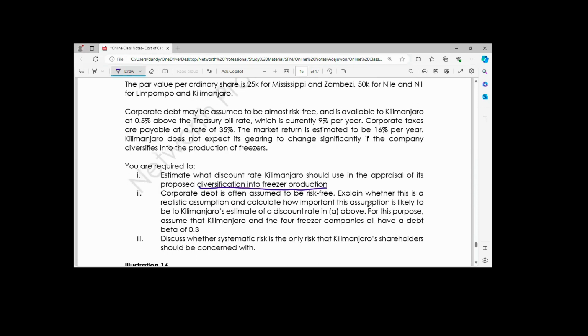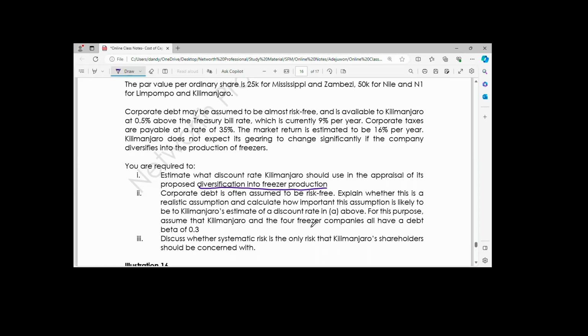Explain whether this is a realistic assumption and calculate how important this assumption is likely to be to Kilimanjaro's estimate of a discount rate in A above. For this purpose, assume that Kilimanjaro and the 4 freezer companies all have a debt beta of 0.3. 3, discuss whether systematic risk is the only risk that Kilimanjaro's shareholders should be concerned with. So this is the question.